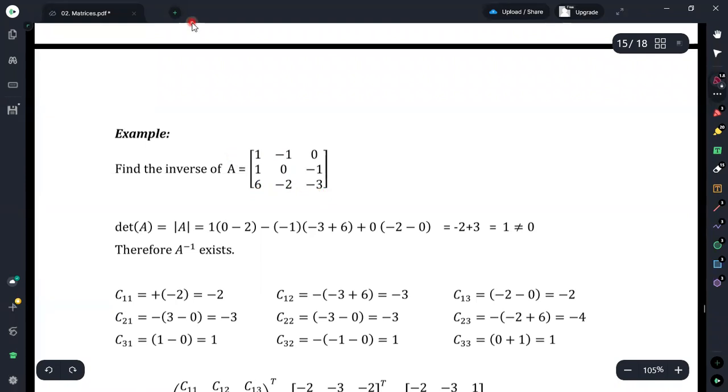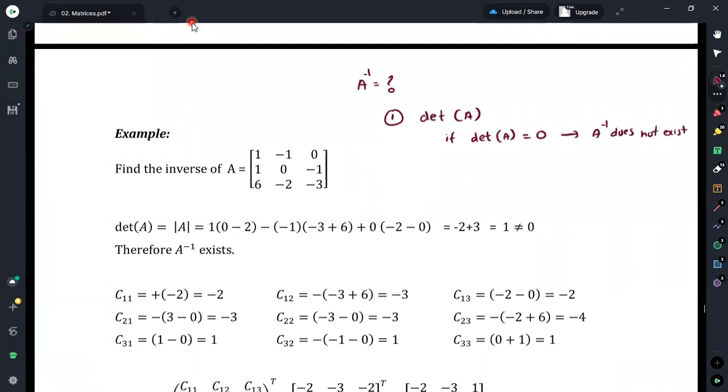If you are asked to obtain the inverse of matrix A, the calculation procedure is, first we need to obtain the determinant of A. If the determinant of A equals 0, then we can say that A inverse does not exist, and we can terminate the calculation at that point.